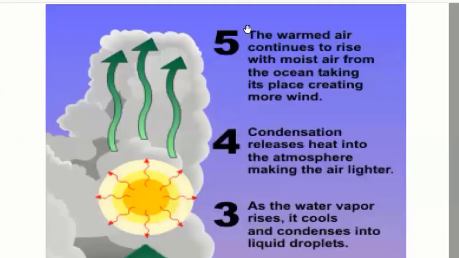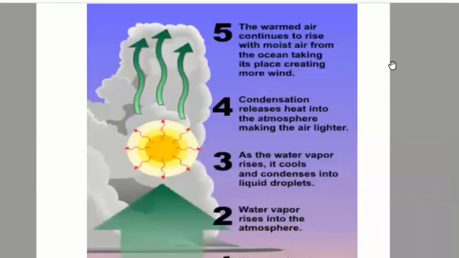Now we will see how it forms with the help of a diagram. Okay. Now we'll see it by steps. Step number 1, warm moist air moves over the ocean. You know that whenever air or any gas becomes hot, it rises up. This is the rule.